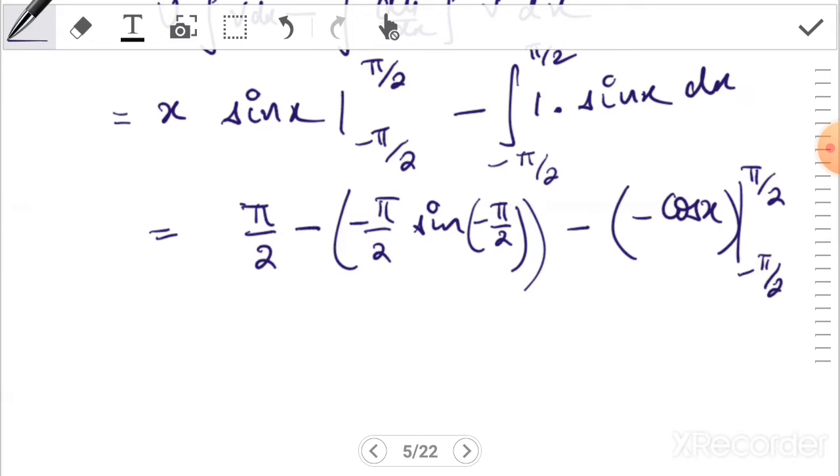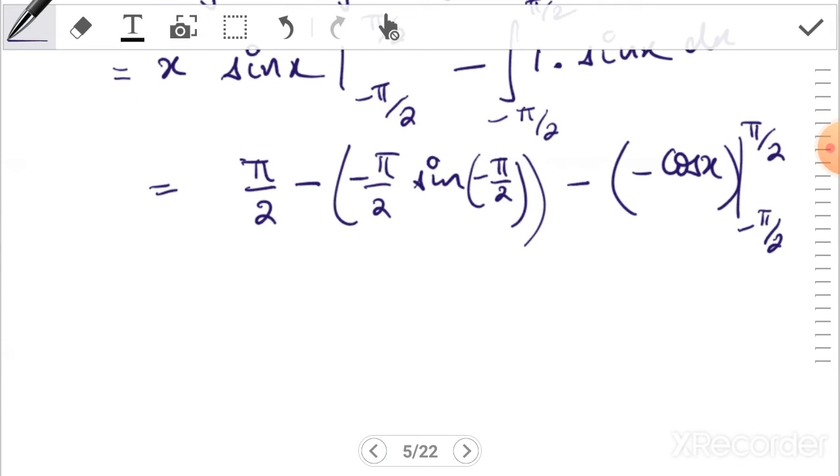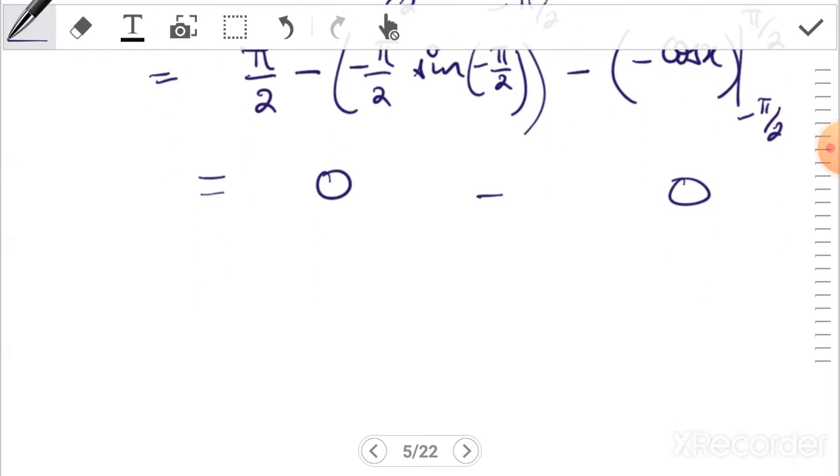So cos pi by 2 is 0 and cos of minus pi by 2 is also 0, so this is 0, and this is minus 1, so pi by 2 minus of pi by 2, this is 0, so 0 minus 0, so the answer is 0. Okay.